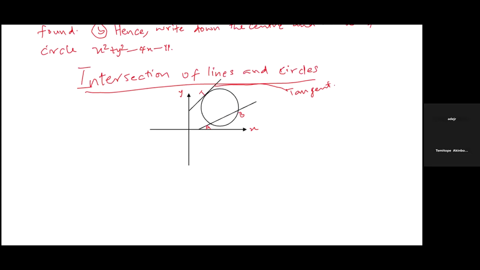The best way to solve it is the method of substitution, so your previous knowledge will be applied here.